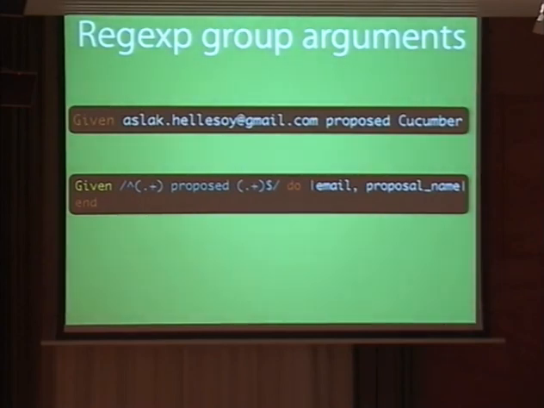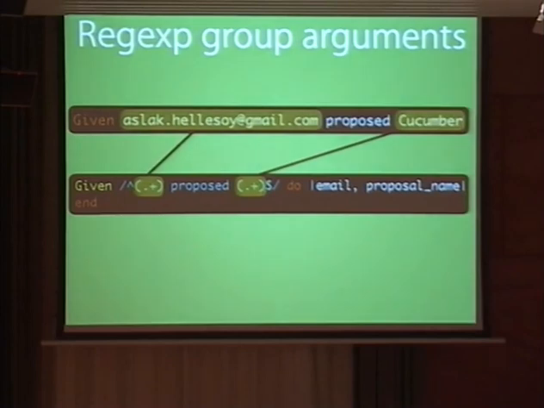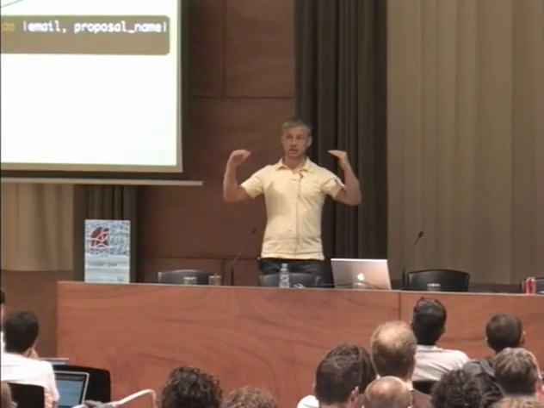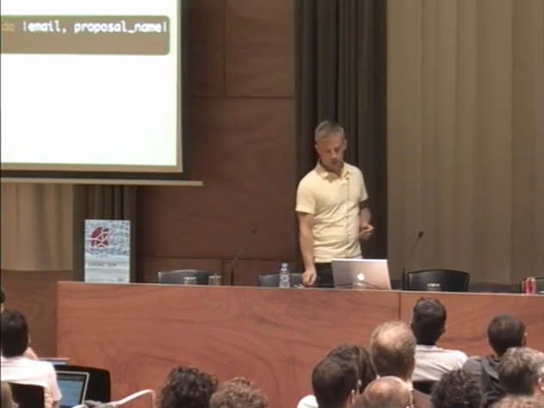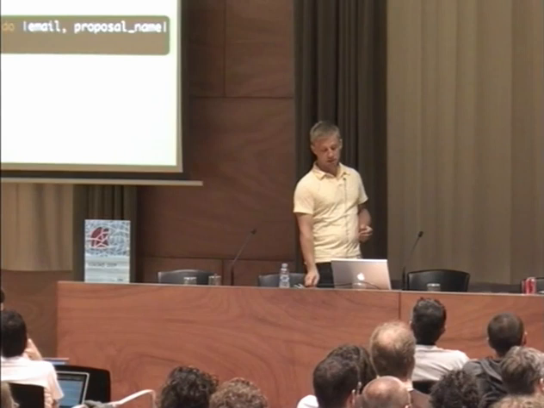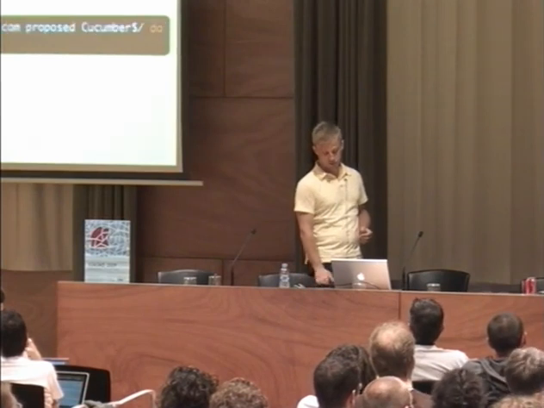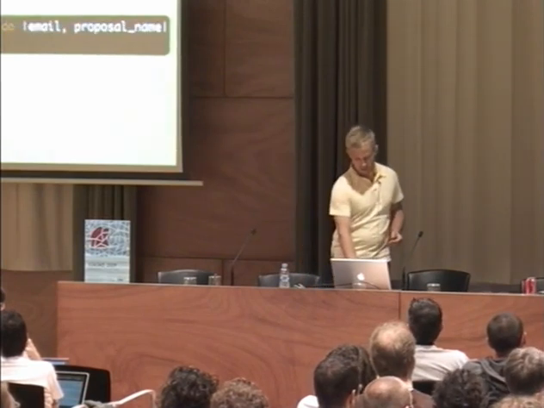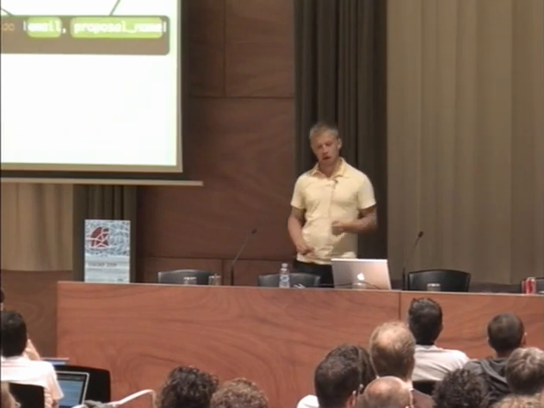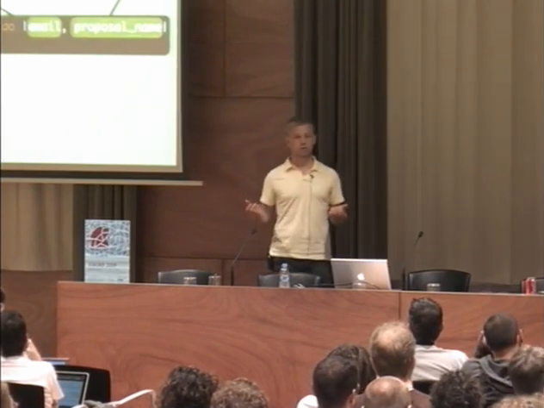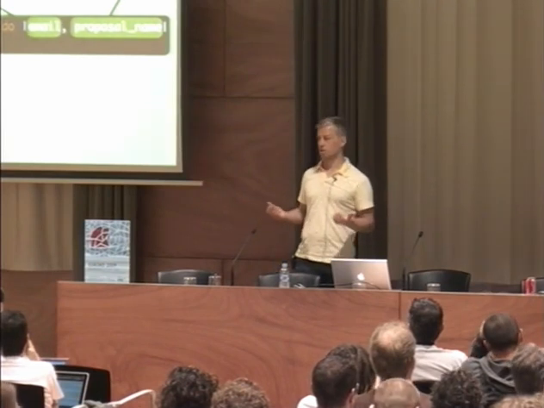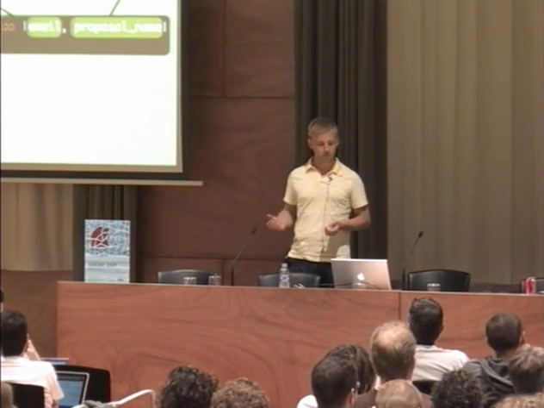And the way this works is Cucumber will find match groups when it's matching a line to the step definition, and then it'll send those as arguments into the block when it's calling it. So this is how you use the equivalent of a method parameter. Okay?